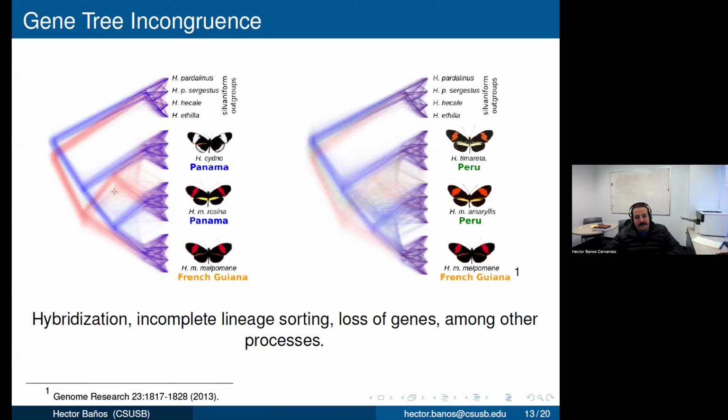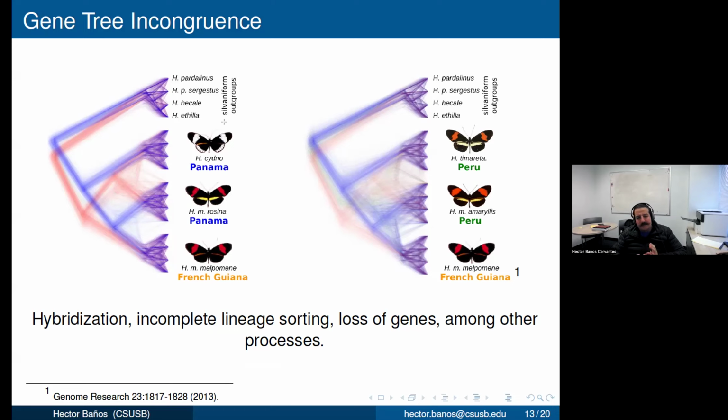Here I have an example of butterflies where you can see in blue a lot of gene trees showing that these two are more closely related, but for other genes, these two are more closely related. That is called gene tree incongruence, and it could be due to different processes like hybridization, incomplete lineage sorting, and loss of genes, among others.